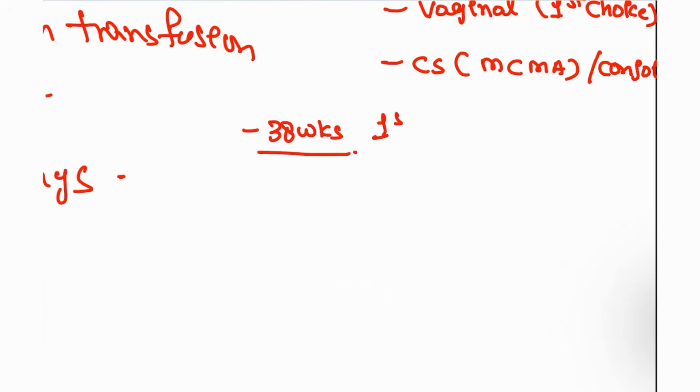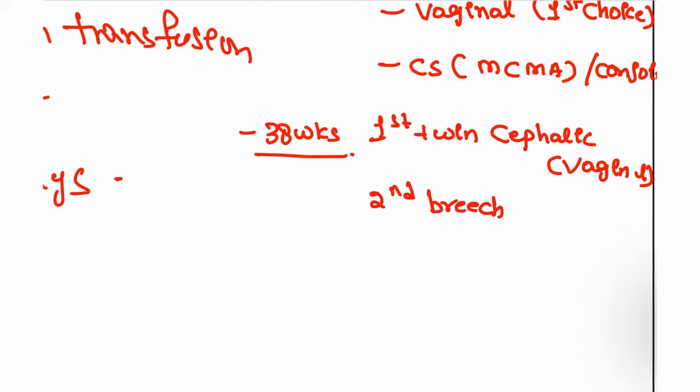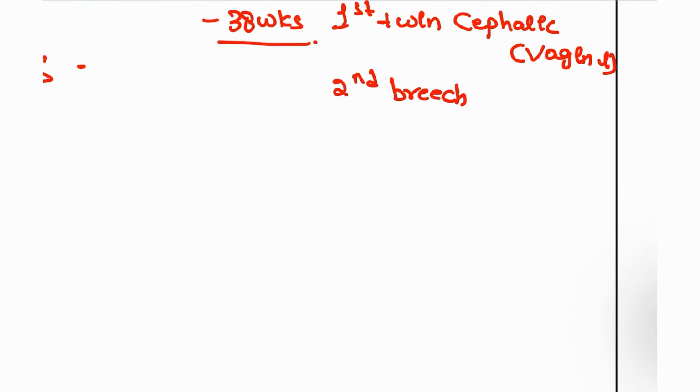Then what about the delivery? If the first twin is cephalic, then go for vaginal delivery. If the second twin is breech, assisted breech delivery is done. Another scenario: the first is cephalic, but the second is in transverse lie.